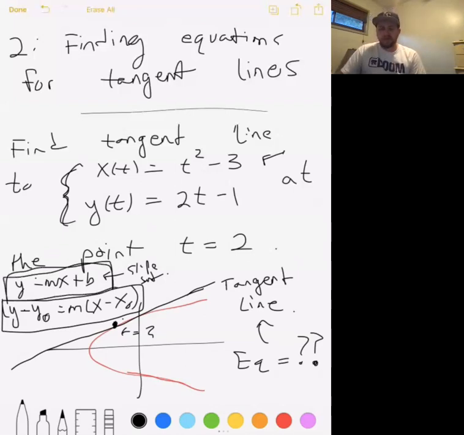So we'll keep that in the back of our head as we try to solve for the equation of a tangent line. In the first one, you need a slope and the y-intercept. And in the second one, you need the slope and a point, right? So we'll see which one we can use.